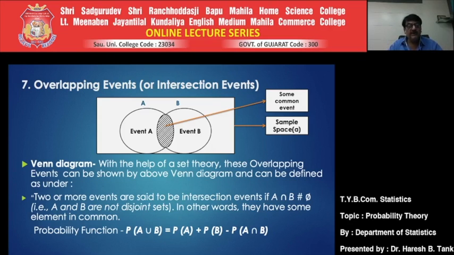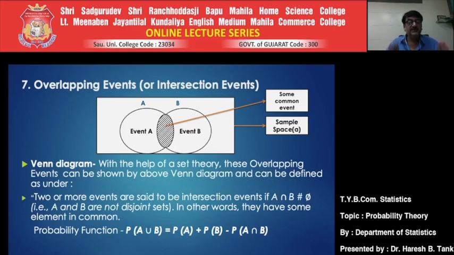Two or more events are said to be intersecting events if A intersection B is not phi. It means there is some common area. When there is some common area, naturally it is not phi. That simply means that A and B are not disjoint events.